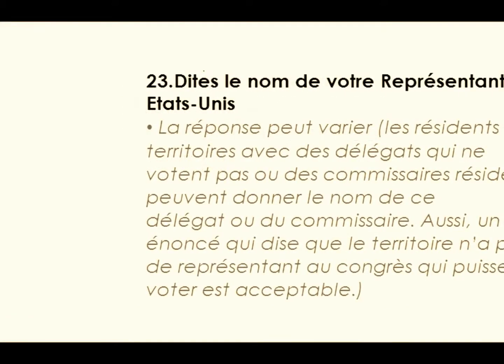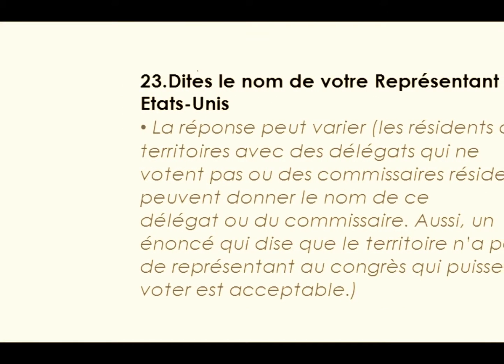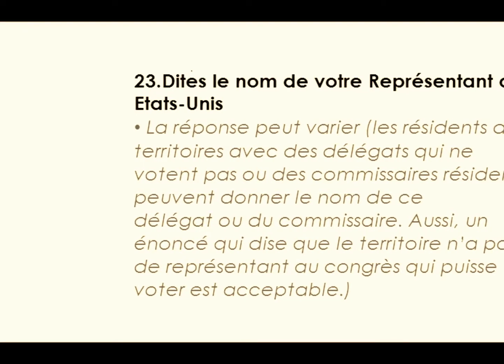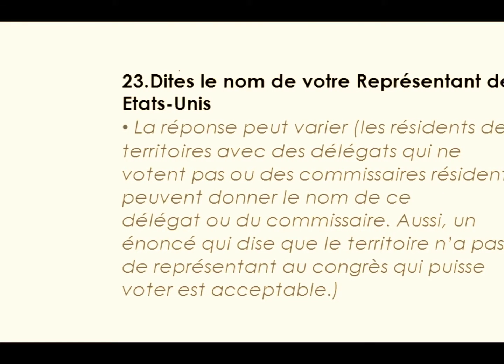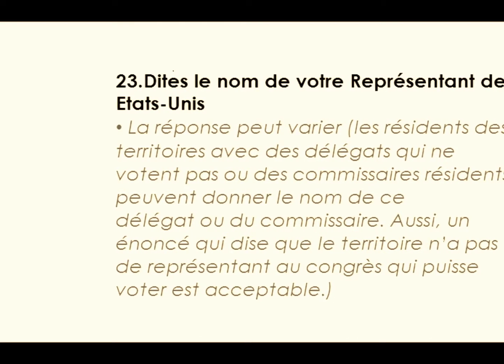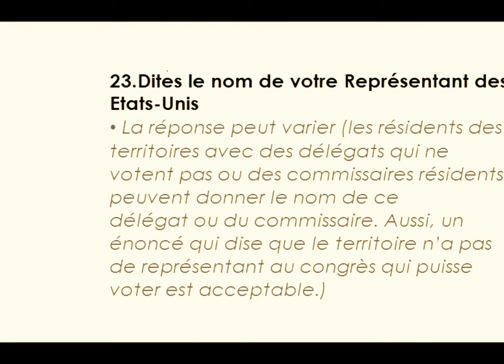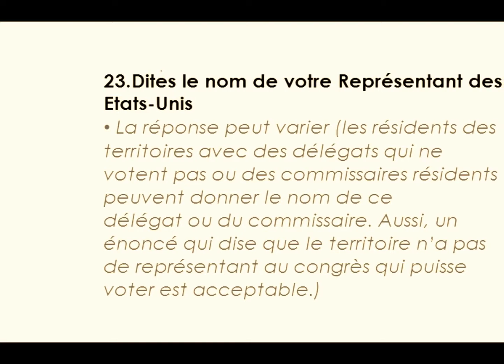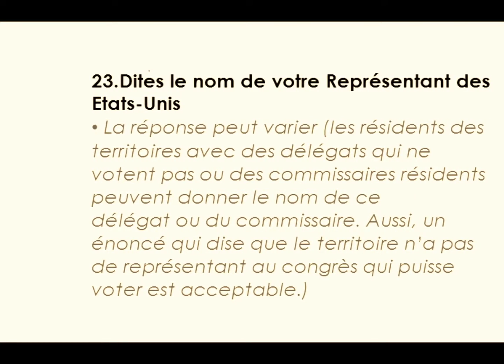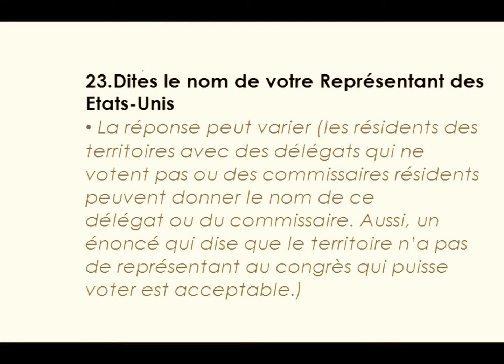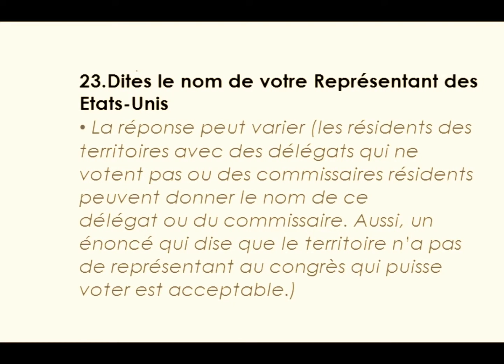Name your U.S. representative. Answers will vary. Residents of territories with non-voting delegates or resident commissioners may provide the name of that delegate or commissioner. Also acceptable is any statement that the territory has no voting representatives in Congress.